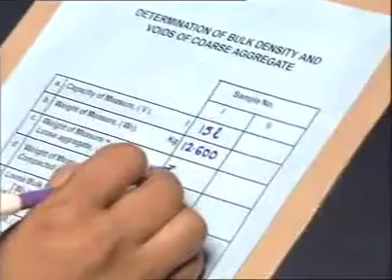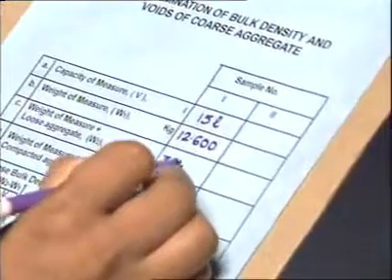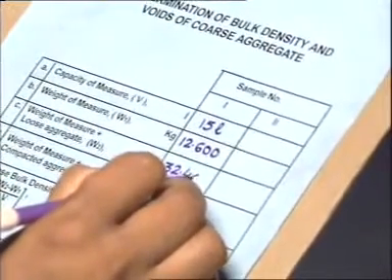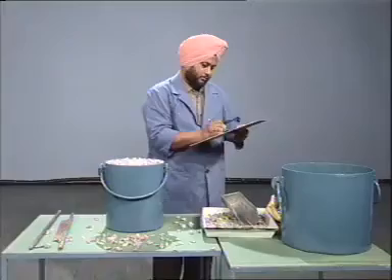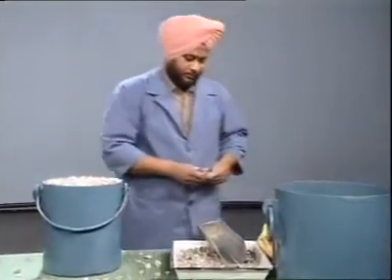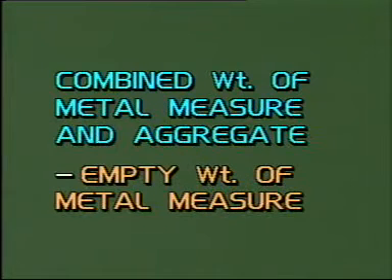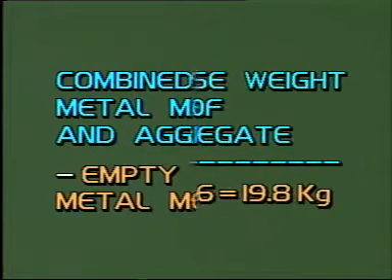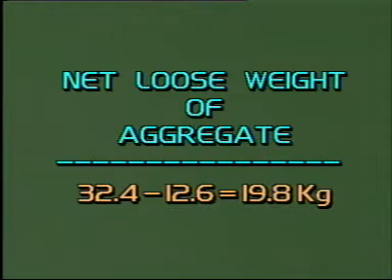Record this weight in the observation sheet. The net loose weight of the aggregates can be determined by subtracting the empty weight of metal measure from the combined weight of metal measure and aggregates. This comes out to be 32.4 minus 12.6, which is equal to 19.8 kilograms.